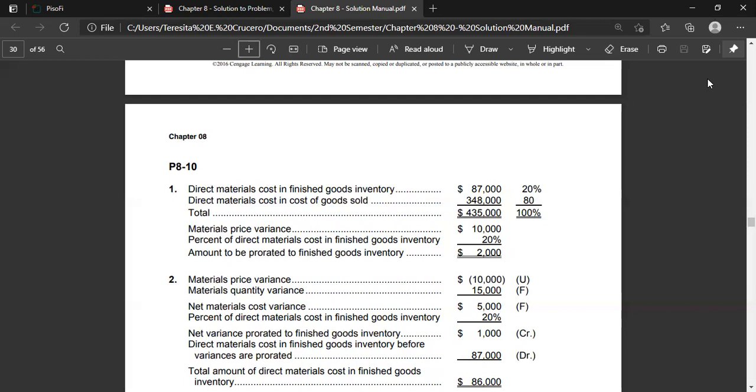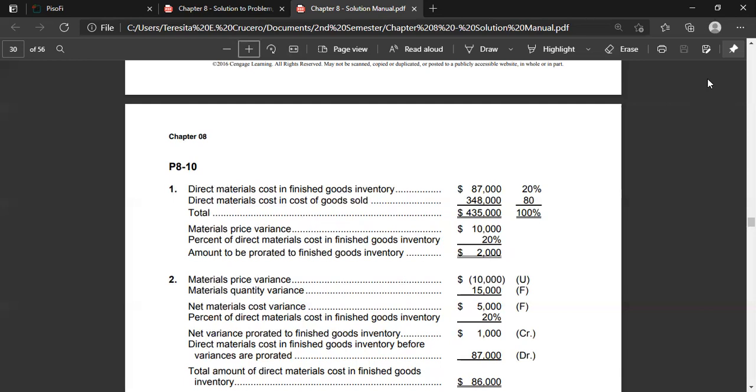So the net material cost variance is 15,000 minus 10,000. So you get 5,000. We have now the percent of direct material cost in finished goods inventory of 20%. The net variance prorated to finished goods inventory is a credit balance of 1,000. Then direct material cost in finished goods inventory before variances are prorated is the amount of 87,000.